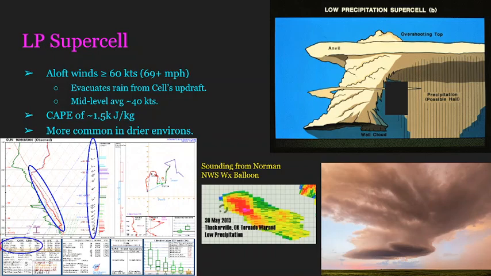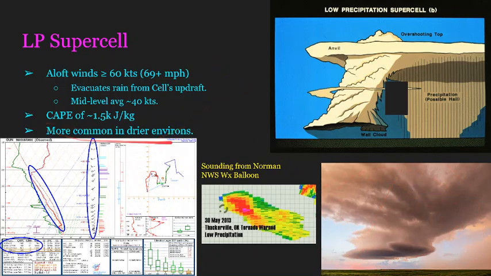Pictured here, we actually have a lower CAPE than normal, of 1,303. And this tiny thin area in between is not what tornadoes want, despite it being quite long. A very good picture of a low precip cell is seen here in the bottom right.